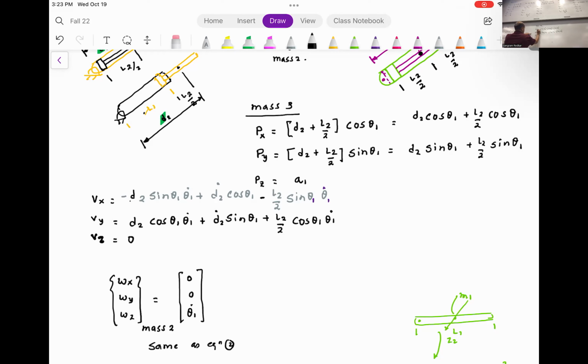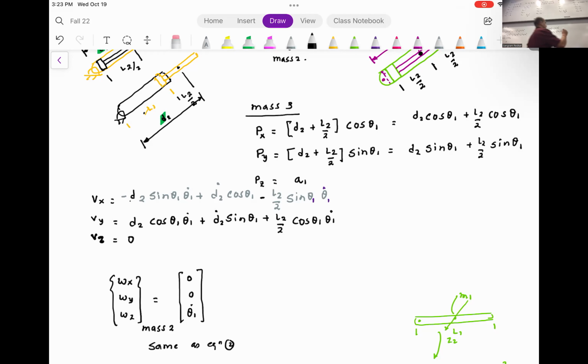T2 is kinetic energy of translation of 2 plus kinetic energy of rotation of 2. And V2 is going to be 0. Are you with me so far?